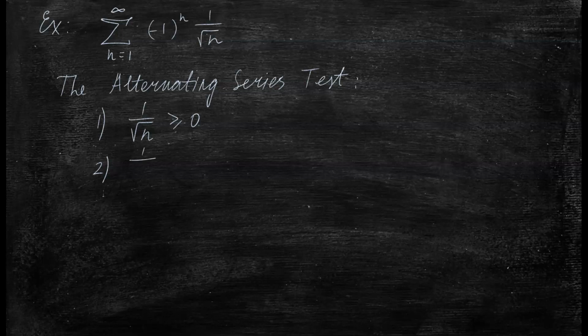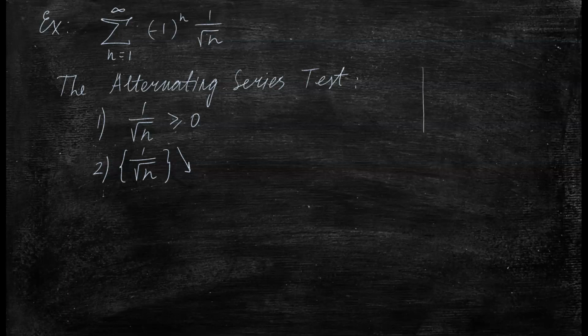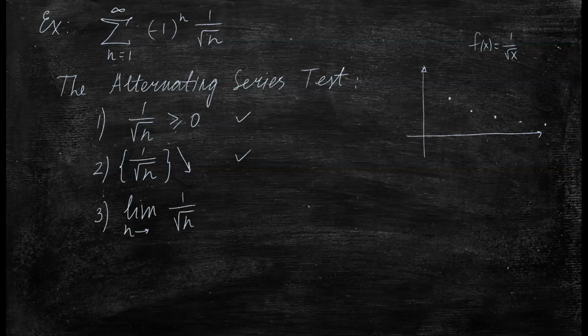The second condition is that 1 over square root of n must be, as a sequence, decreasing, and this should be easy to verify if you graph this function on which the series resides, then you'll be able to see that it's decreasing. And so we verified this condition, and finally the last condition is we have to make sure that this limit is equal to 0, which it is.